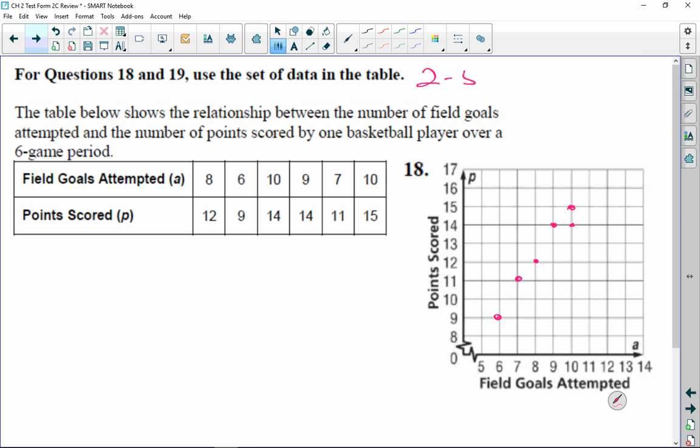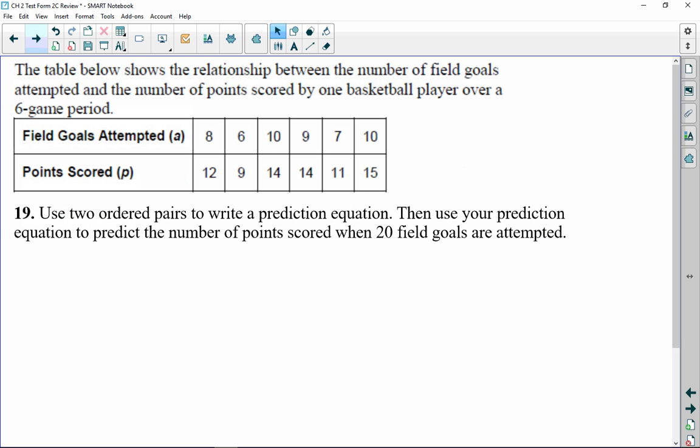Now you want to jot that down in your textbook. Okay, so once I do that, then I got to determine the line of fit here. I want to use two ordered pairs to write a prediction equation that I'm going to figure for 20 field goals attempted. Now, if you notice, field goals attempted is on which part of the graph?